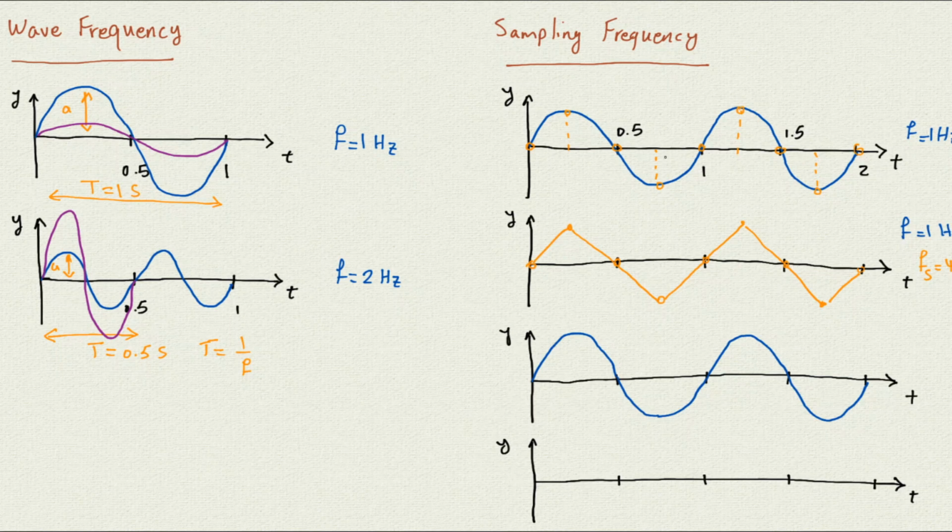So we have 4 data points here, then 4 data points, and that's why in every second we only measure 4 data points. Because of that, we say the sampling frequency is 4 Hz and the wave frequency is 1 Hz, since we sample 4 data points every second.